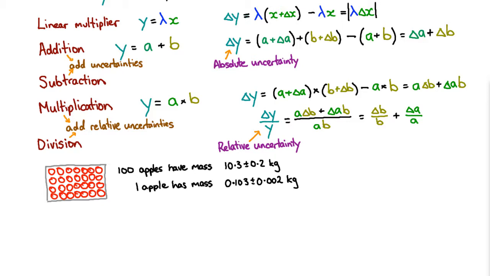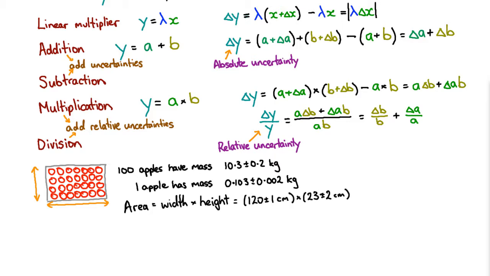Now suppose we wanted to know how much area the box has on one side, and we measured its height and its width. And if we measured some values for the width and the height with a particular uncertainty, then it's easy enough to get the average area. We simply multiply our width by our height. But what do we do for the uncertainty? Remember, we have to add the relative uncertainty.